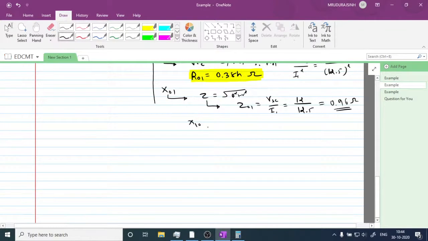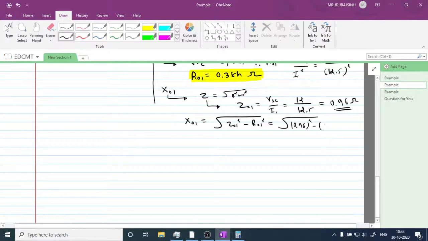So now we know Z01, so we'll use this equation. X01 is equal to under root Z01 square minus R01 square, that is equal to Z01 is 0.96 square minus R01 is 0.384 square.